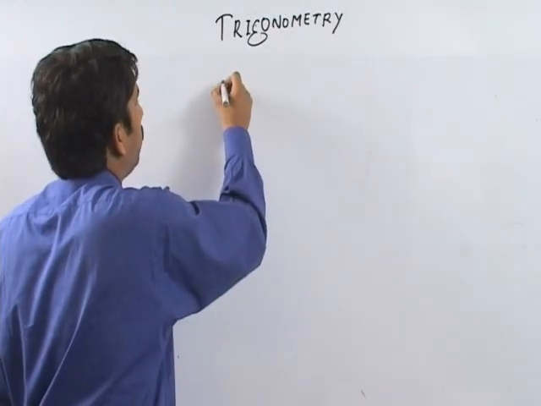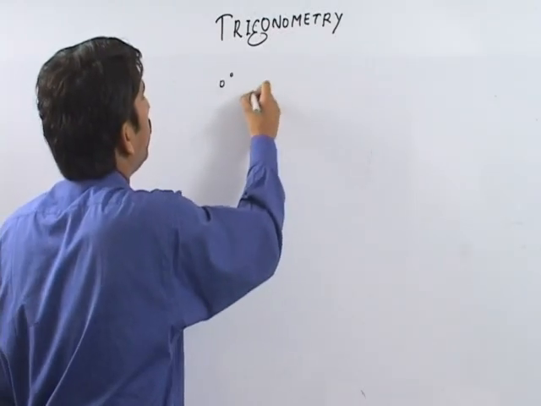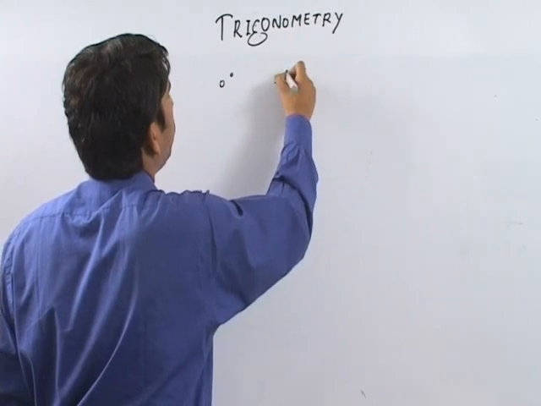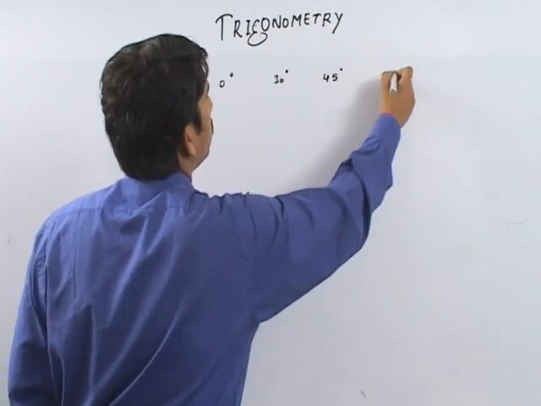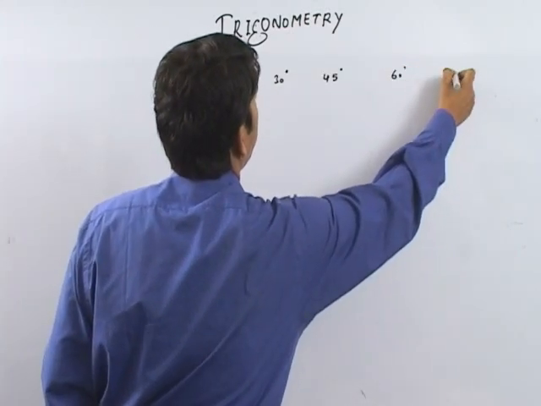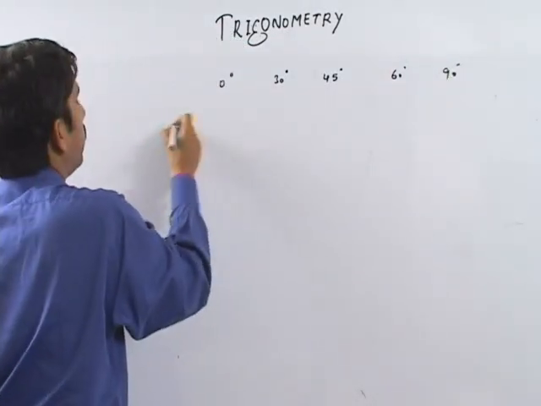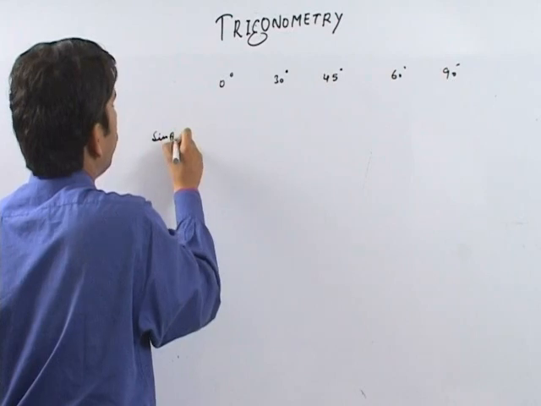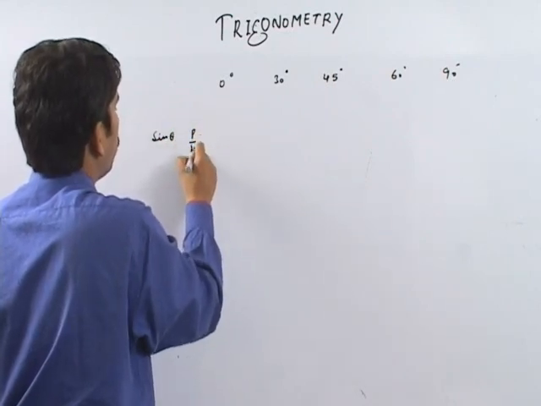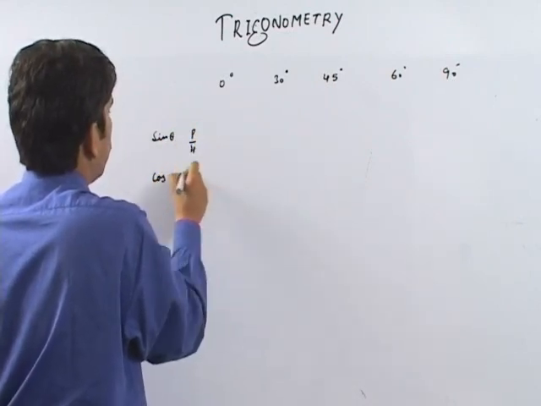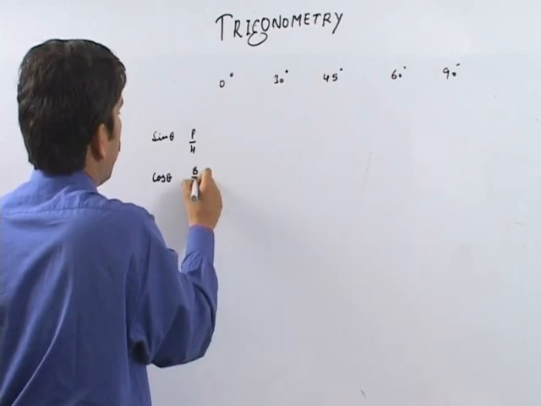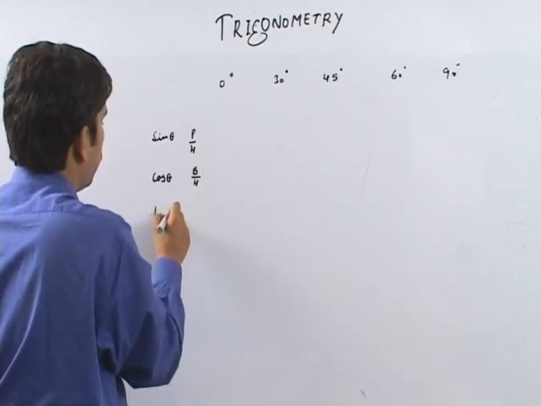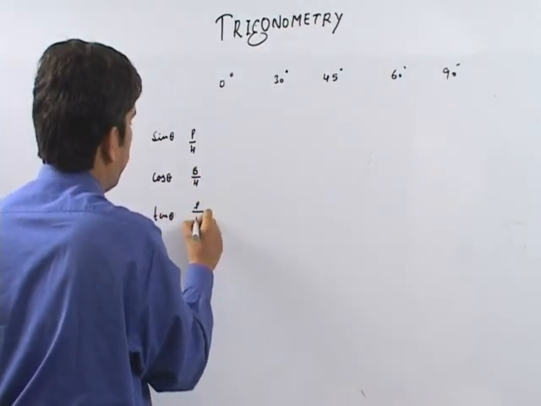Let us draw a table for 0 degree, 30 degree, 45 degree, 60 degree, and 90 degree. This is sine A, or you can say sine theta, perpendicular over hypotenuse, cos theta, base over hypotenuse, and tan theta, perpendicular over base.